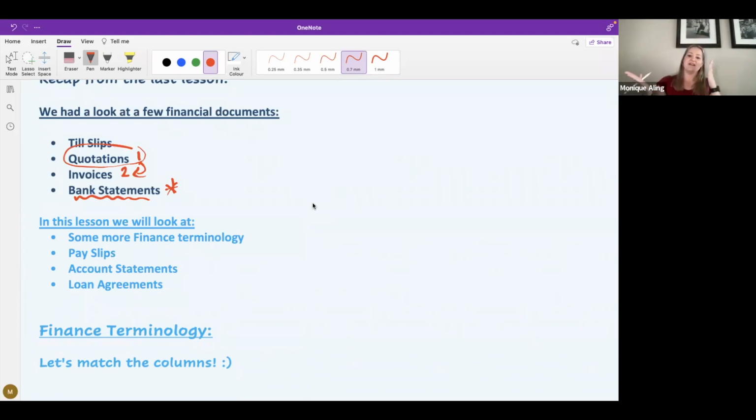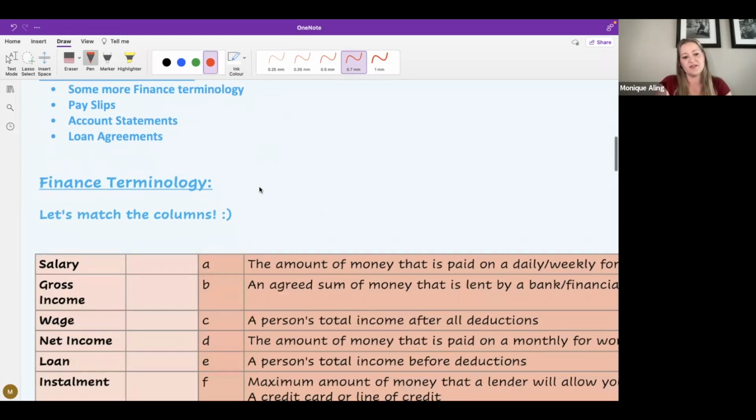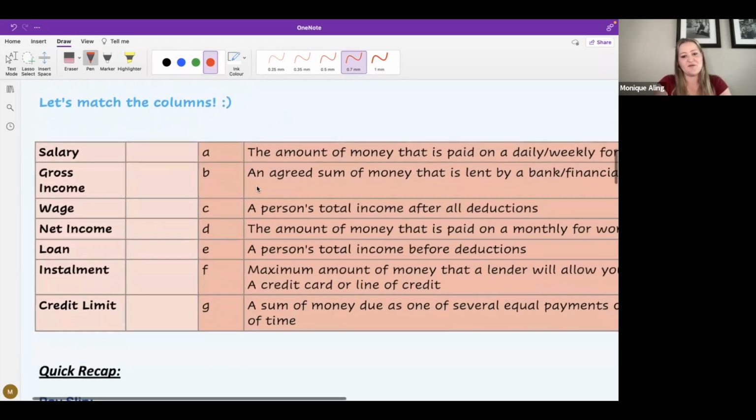Deposit is money going into your account, withdrawal is money out of your account. Debit order is when you give someone permission to take money out of your account every month. For example, with Vodacom, you sign an agreement saying that they can take their monthly fee out of your account every single month.